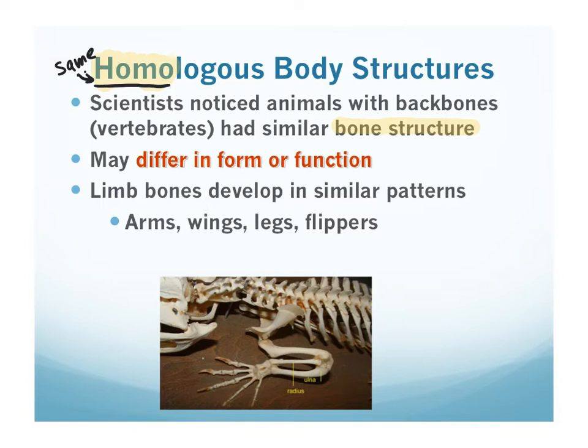Although the particular limb might differ in form or function, the limb bones develop in similar patterns. For example, the arms of a human, or the wings of a bird, or the legs of a cat, or the flippers or fins of a whale. And we'll talk a little bit about that in the next slide.